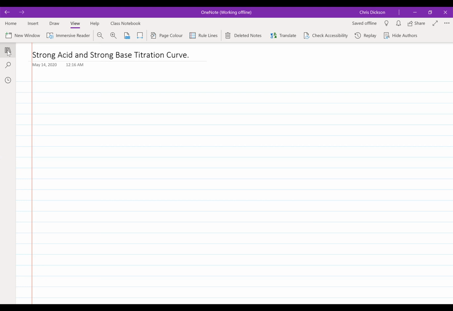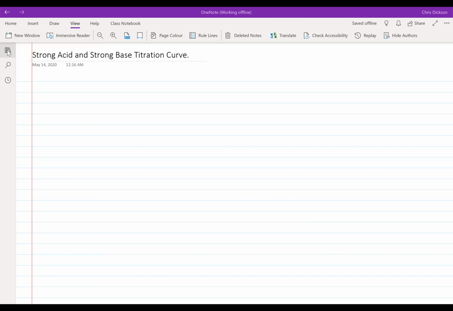So I want to start by going through a question that we did a while back, which involved determining the pH when you mix a strong acid and strong base together. I'm going to use pretty much the exact same question.